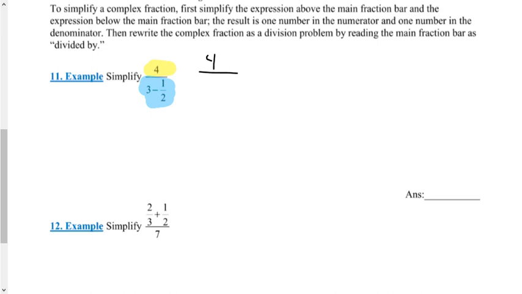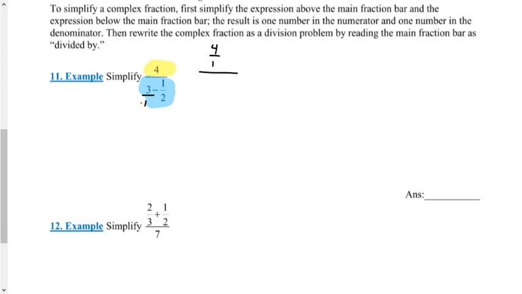Now, if you want to, you can write that as a fraction. You could always write 4 as 4/1. I don't always do that, but you sure can. 3 minus a half, we've got to get common denominators.